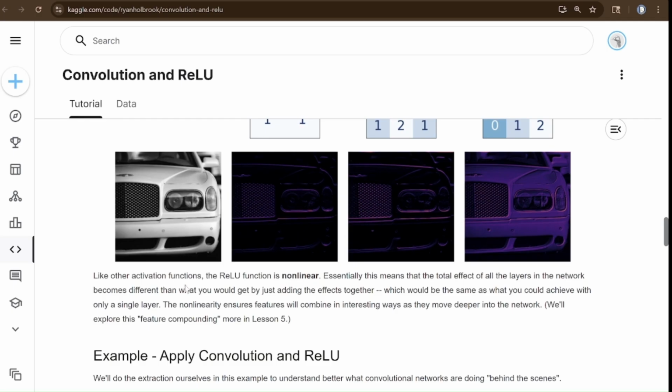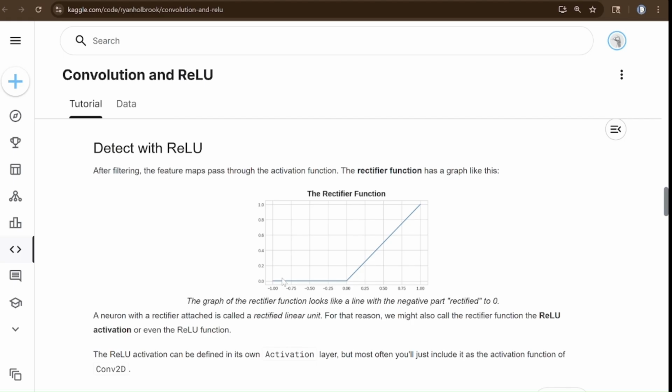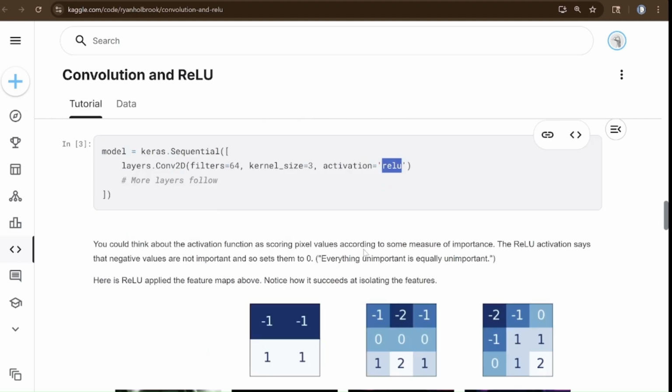Like other activation functions, the ReLU function is a non-linear function. There are many other activation functions, but here we are talking about the ReLU function, and the job of ReLU is to make the negatives 0. That's why the graph is like that. There is no negative value. If anything is negative, it will be 0. Only positive values will remain and negative values will become 0. That's why the graph is like this.